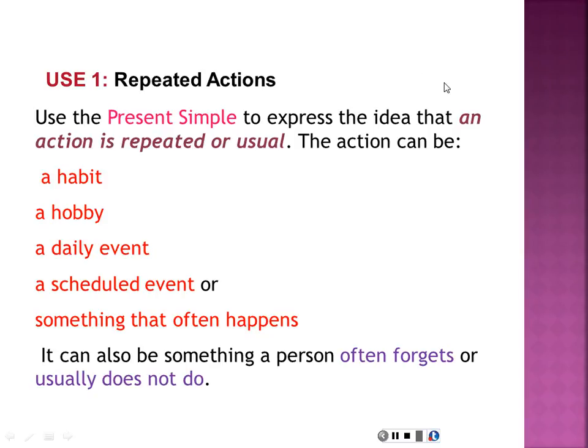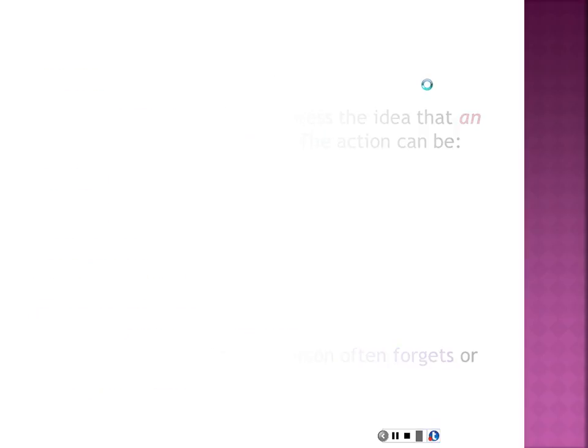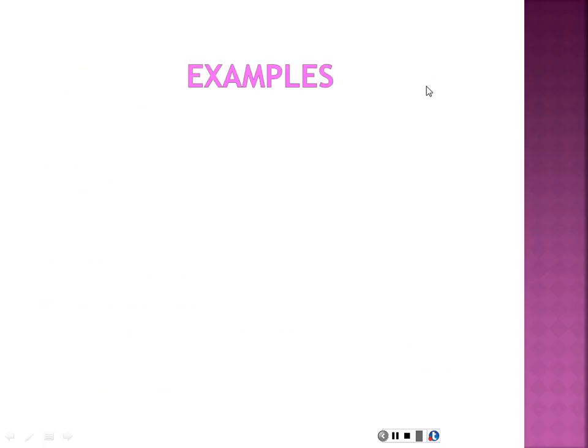So let's have more examples. More examples about those actions, about repeated actions. So here we have the examples. Let's start with the first one.